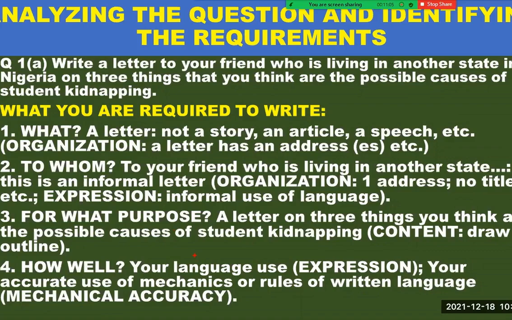All right, so we have talked about the language. Your language is going to be conversational because this is an informal letter. And then you make sure you cross-check your work after you have written to eliminate any mechanical errors. Okay? So let's now move forward.